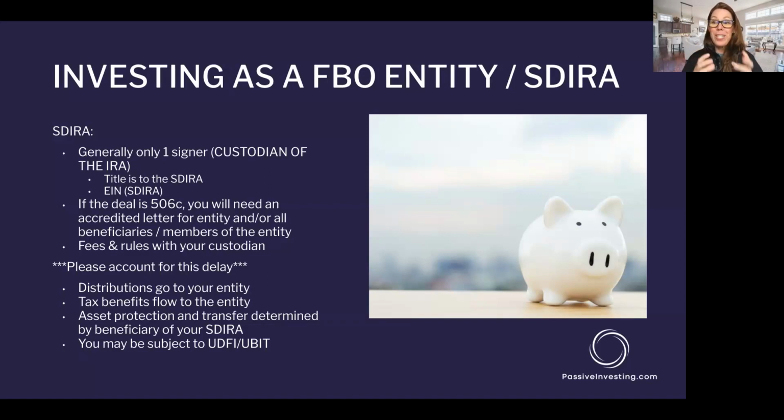Now, if you're going into a 506(c) deal, again, you're still going to need an accredited investor letter, and the same rules apply. Either the for-benefit-of account, that actual IRA account, has to qualify for the letter, meaning it probably has $5 million in assets, or for the underlying beneficiary of the account, you can provide an accredited investor letter and qualify individually as an individual accredited investor.